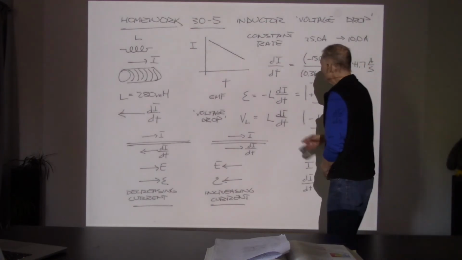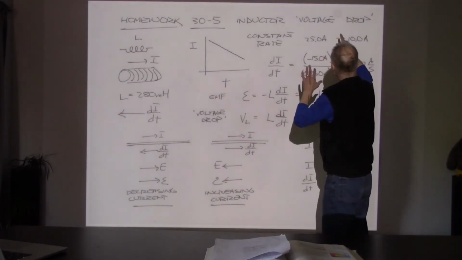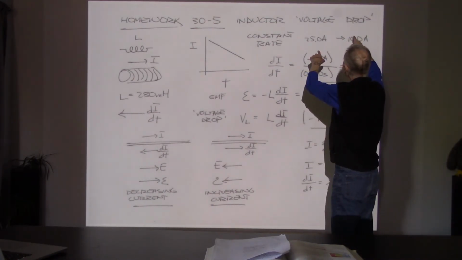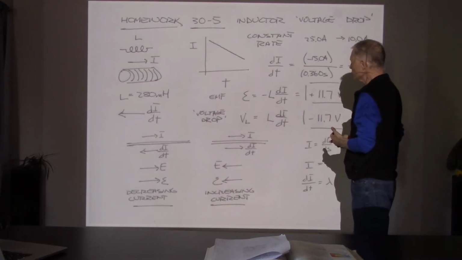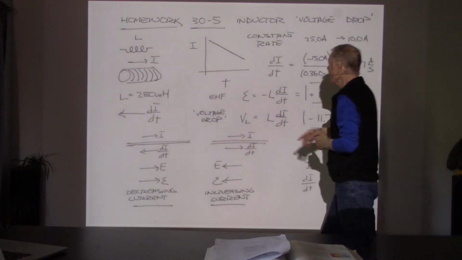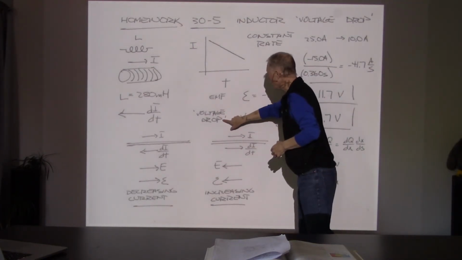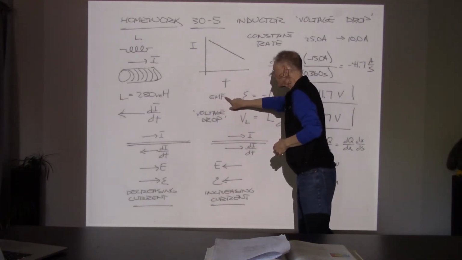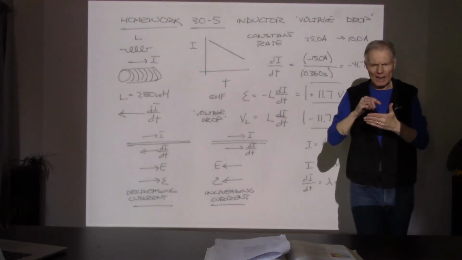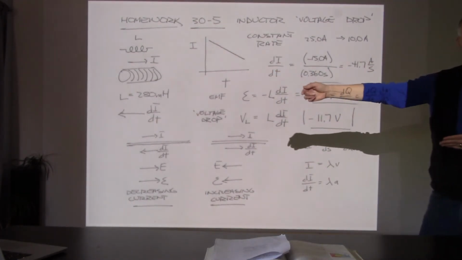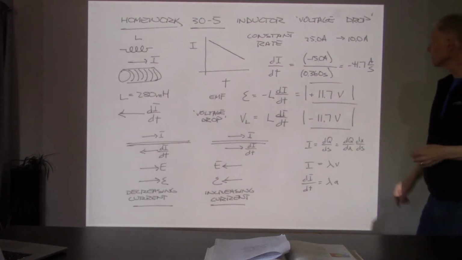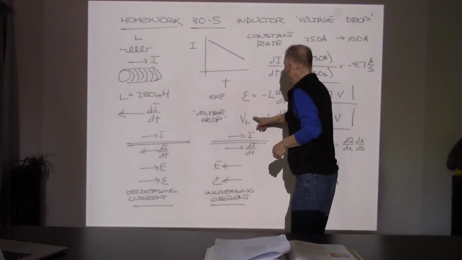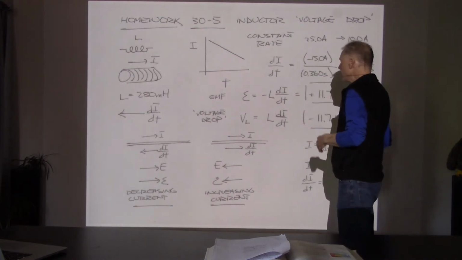Now, I was saying that I wanted to have a voltage drop formula that would match my other voltage drop formulas for resistors and capacitors. And to talk about a voltage drop, that's the opposite of EMF. EMF is telling us how much voltage we're building up along a stretch or through an inductor in a device. A voltage drop would be the opposite of that.